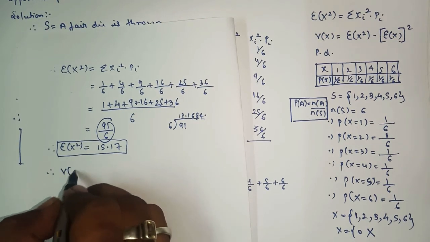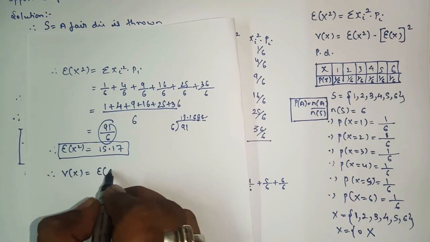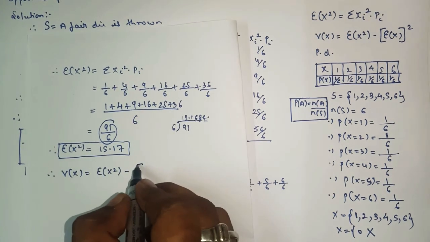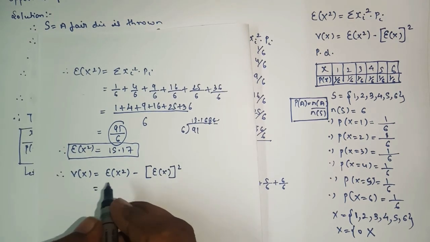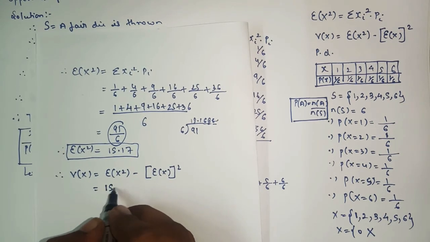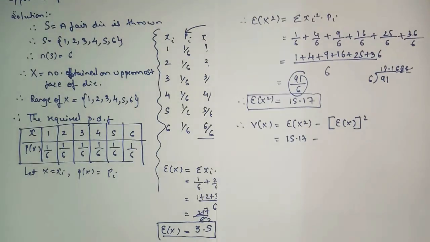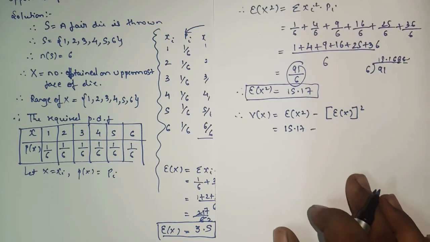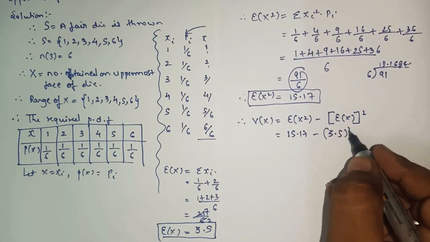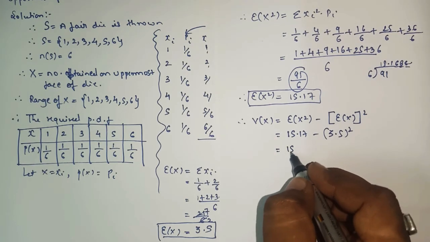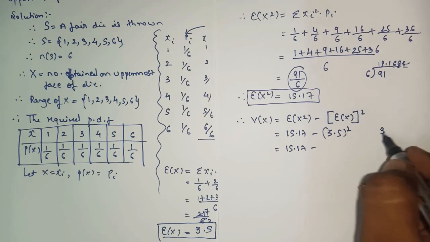So V of x is what? E of x square minus E of x the whole square. So the answer is what? 15.17 minus, here we got 3.5, and its square is there. So 15.17 minus 3.5 square, that means 35 square.